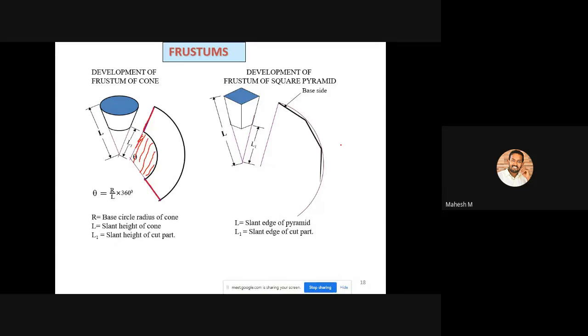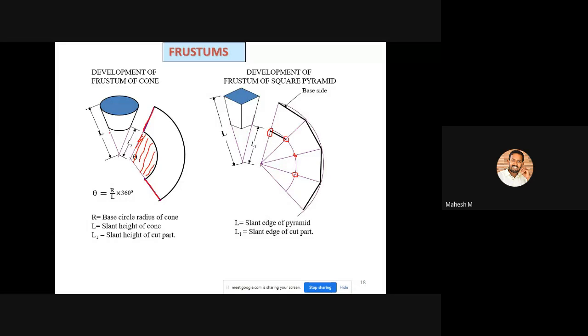We'll be creating 4 sides, because it is a square pyramid, and you have to create one more arc. The arc is not enough for this pyramid because you have to join each and every corner with a straight line. If it is a pyramid or a prism, you have to join each and every corner with a straight line.